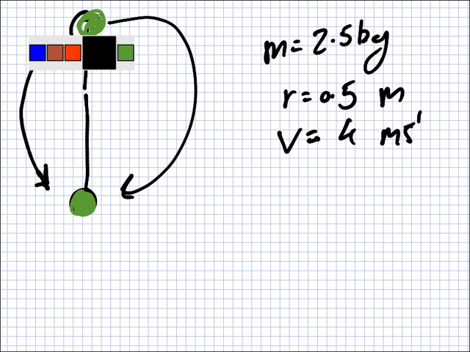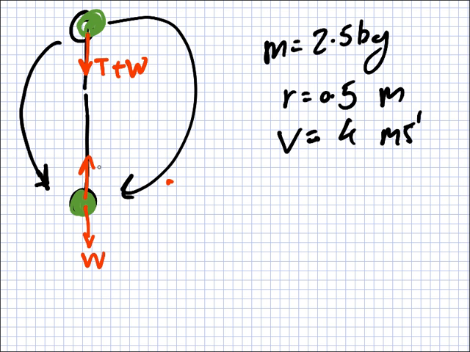Yeah, at the highest point, both the tension and the weight are working together, whereas at the lowest point, the weight and the tension are working against each other. This causes the tension to be greater because it has to work against the weight. Whereas here the tension can afford to be less because the weight is doing some of the job.